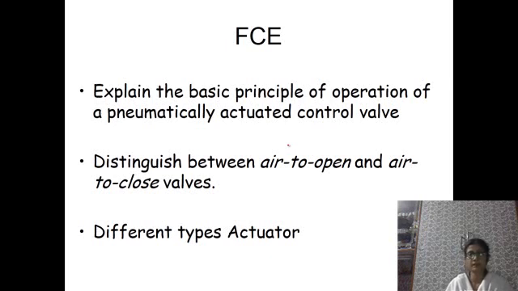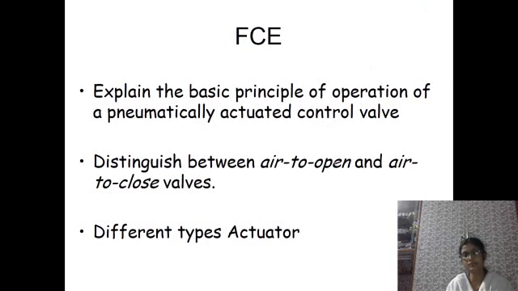So for pneumatic controller, the two basic different types of actuators are there, or the final control element is either air to open type or air to close type, or in some books it is termed as air failure to close type and air failure to open type.